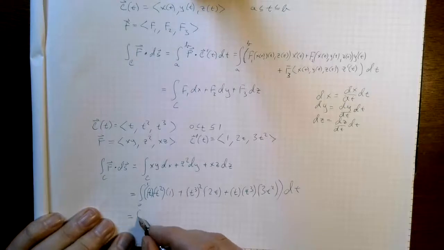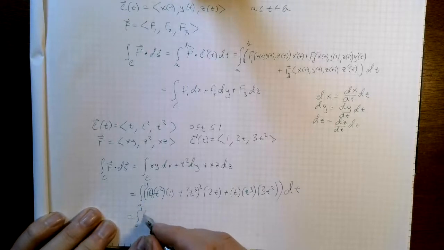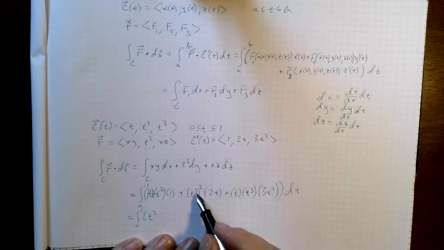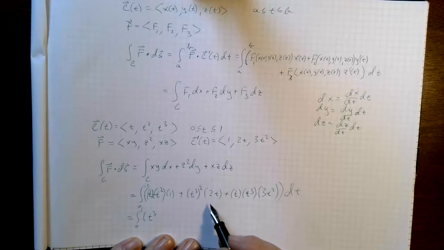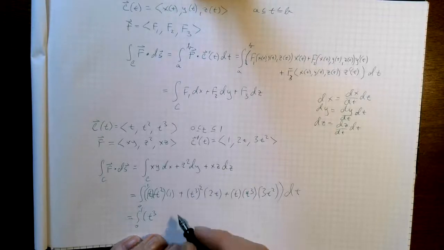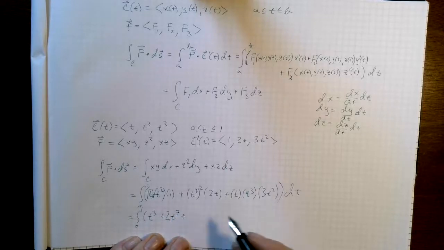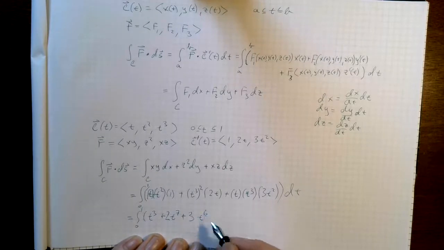So we can simplify this a little bit. I have t cubed over here. Then over here I have degree 7, so I'm gonna have plus 2t to the 7, and then I'm gonna have 3t to the 6.